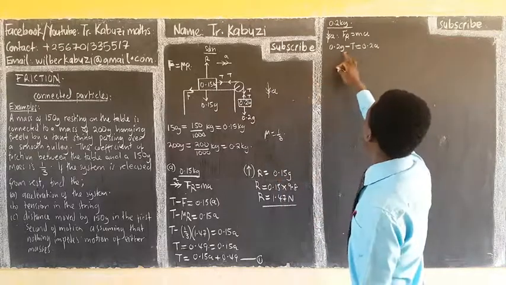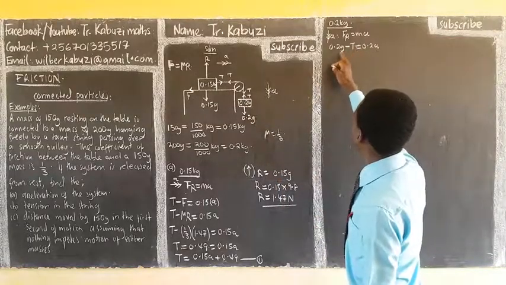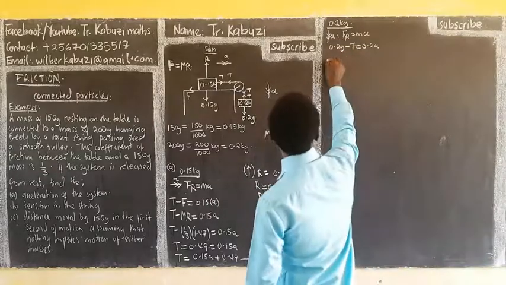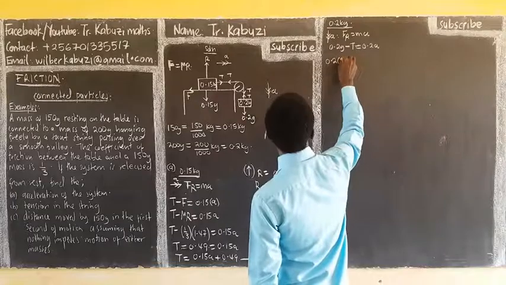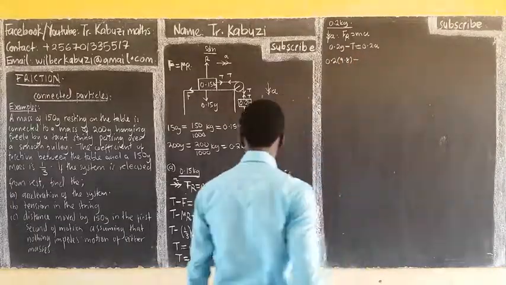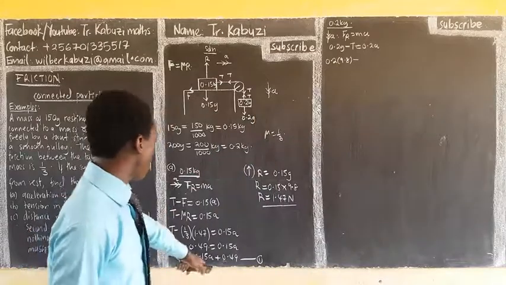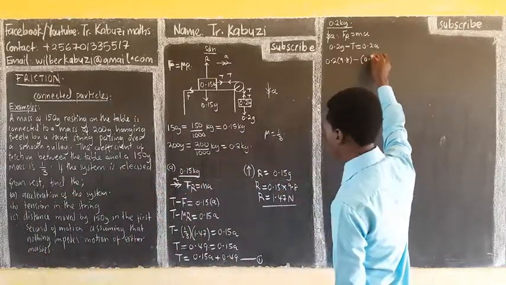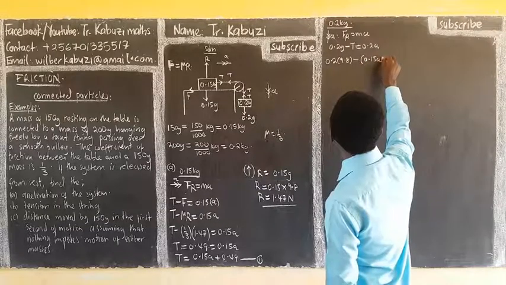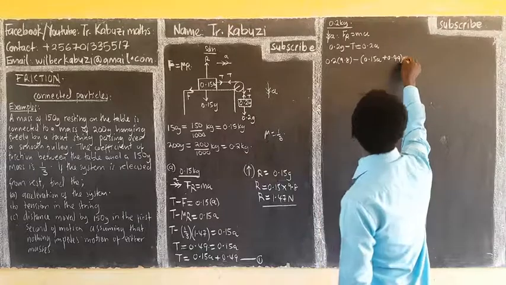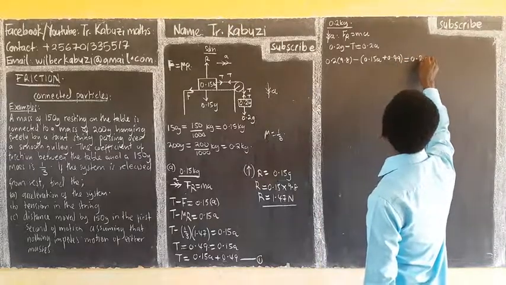Okay, so from here we have our T already from there. So we have 0.2 into 9.8, then minus our T. But remember I have my T here as 0.15a plus 0.49 equaling 0.2a.